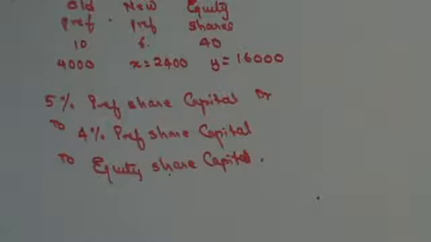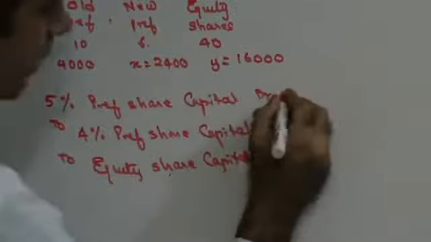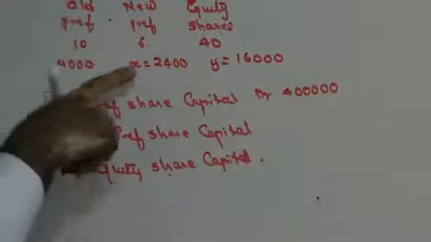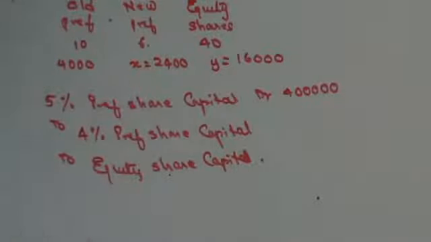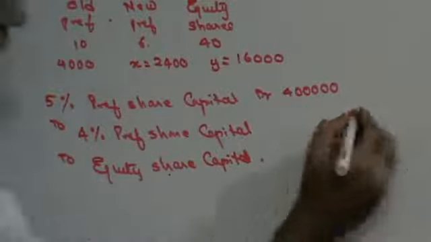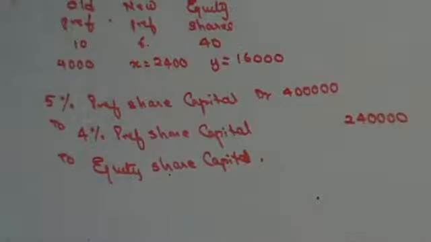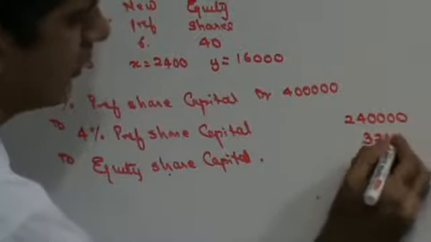Now, my preference share capital is 4,000 shares of 100 each, so that is 4 lakhs, right? I'm going to be issuing 2,400 new preference shares of rupees 100 each, so that is going to be 2,40,000. And I'm going to be issuing 16,000 equity shares of rupees 2 each, so that is going to be 32,000.